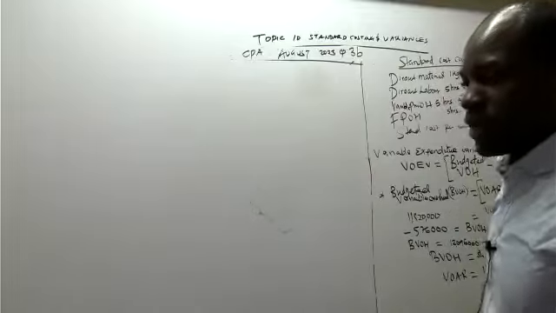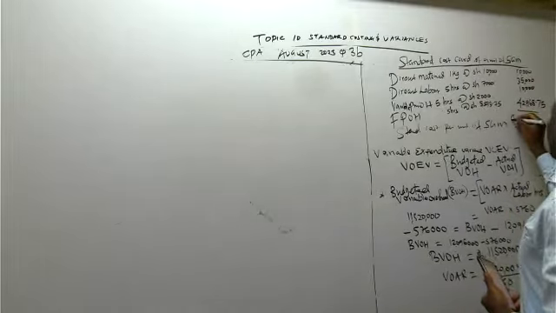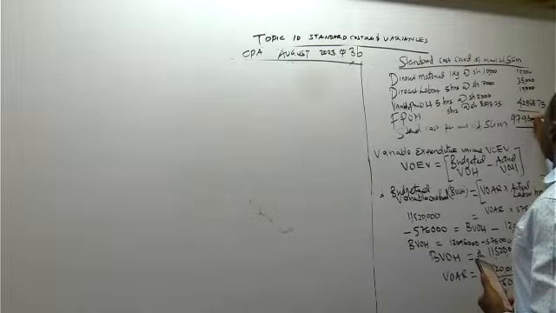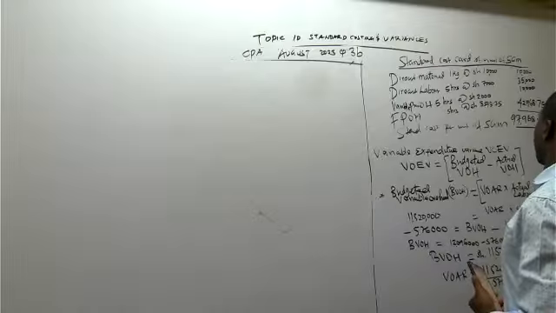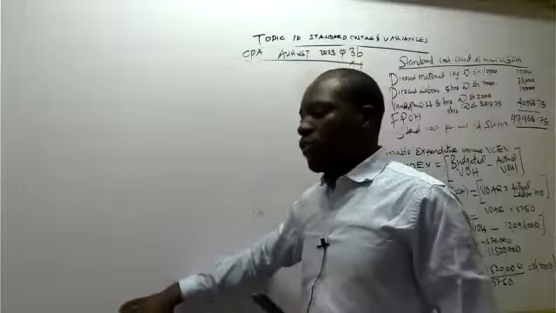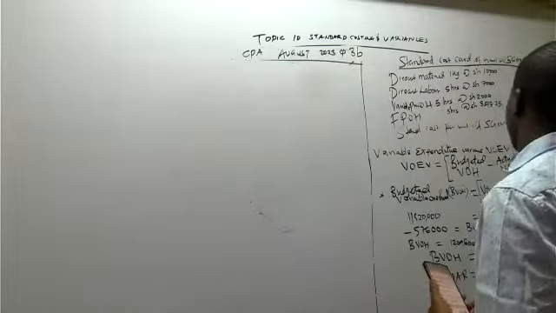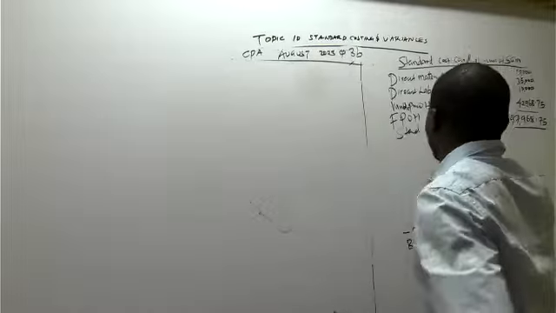What do we get? 968.75. So that is the standard cost card of 1 unit of SGM.